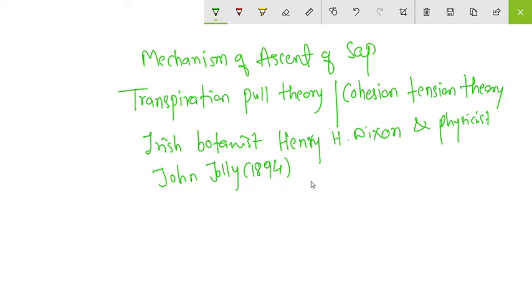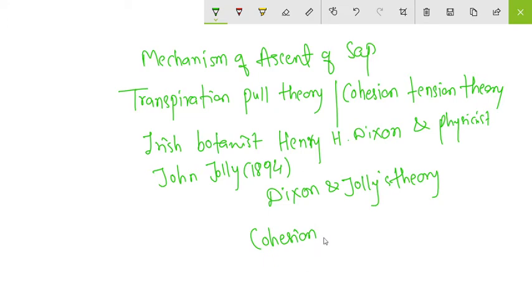So this theory is also known as Dixon and Joly's theory of cohesion, or the cohesion tension theory.